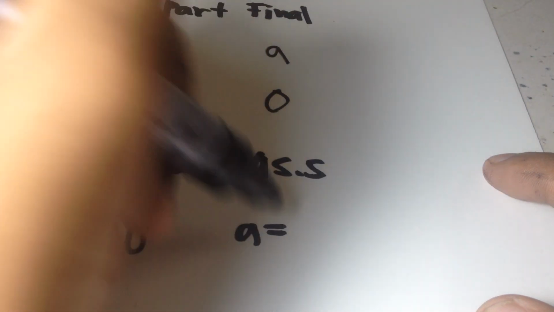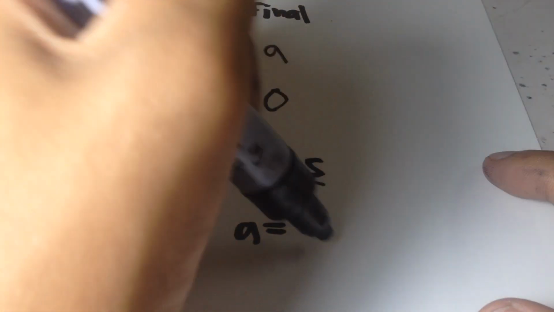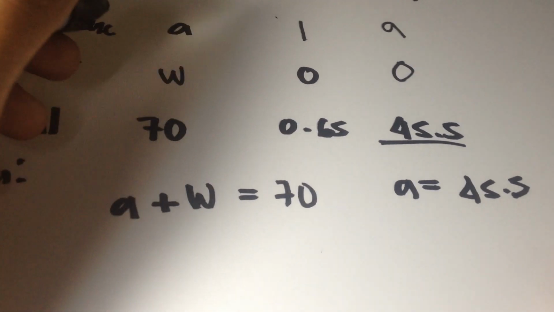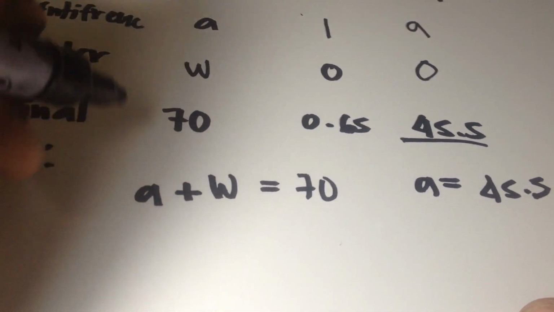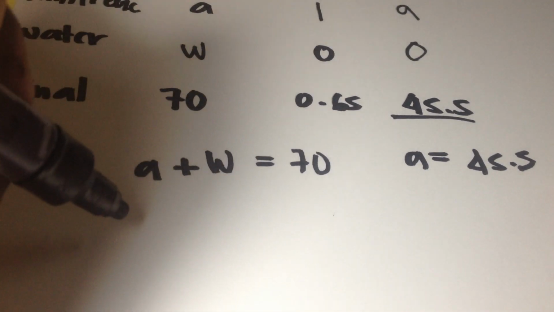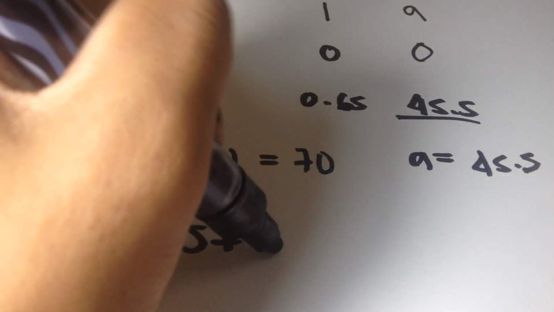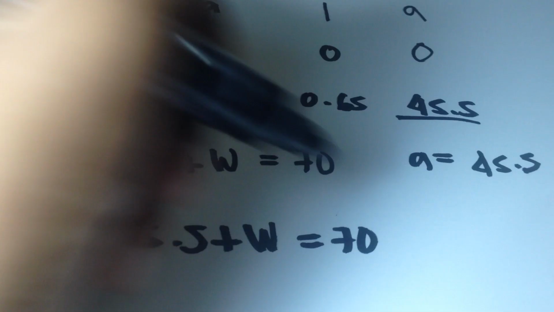A here has a value of 45.5, so let's substitute for A: 45.5 plus W is equal to 70.